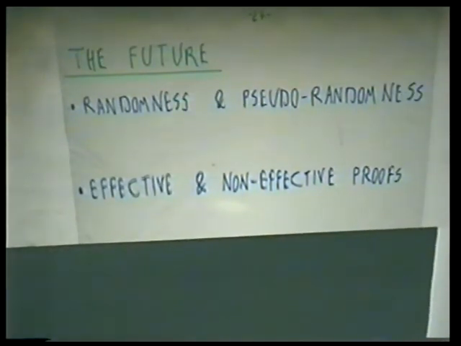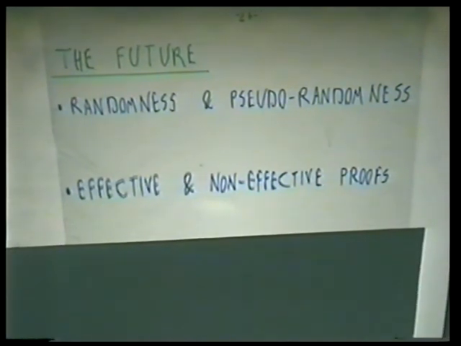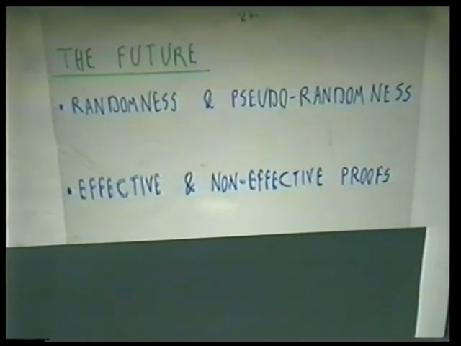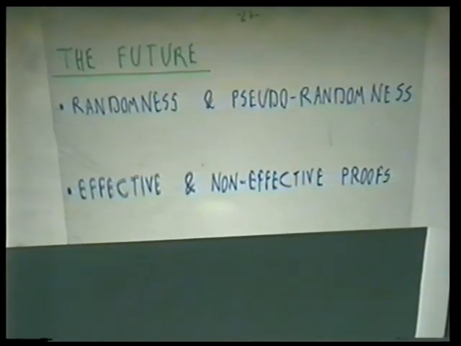Now there is this issue of effective and non-effective proofs. It seems obvious that we are going to have more and more non-effective proofs, because we are going to see, and we already have a lot of, tools from other fields, from topology, from algebra, from probability, and all these tend to give us non-effective proofs. And yet, because of the connection to algorithms and to computer science, we really prefer to have effective proofs.